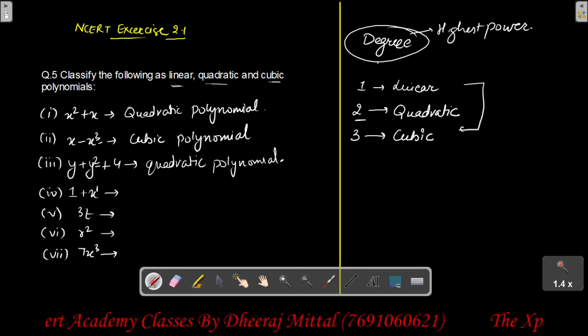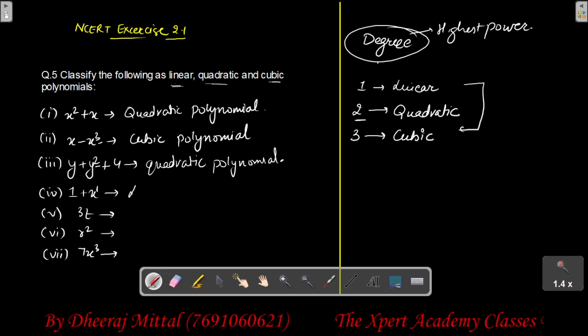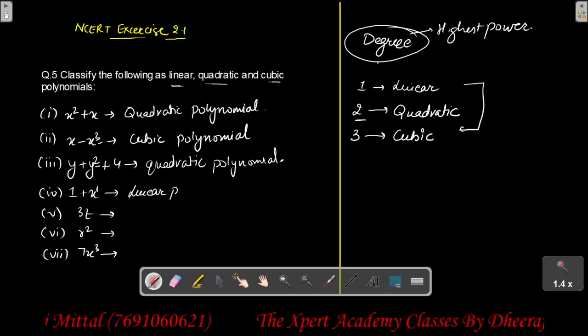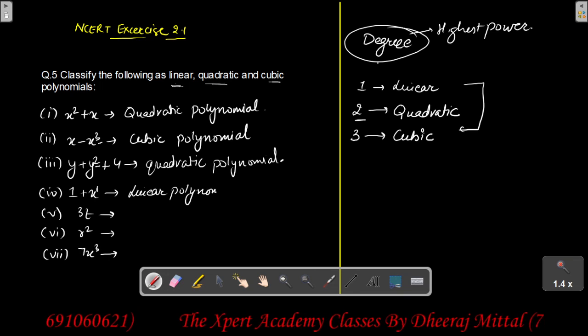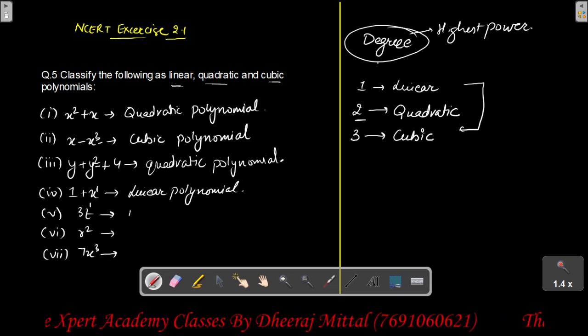In the fourth part the degree is 1, so it is a linear polynomial. Here the degree is also 1, so it is also a linear polynomial.